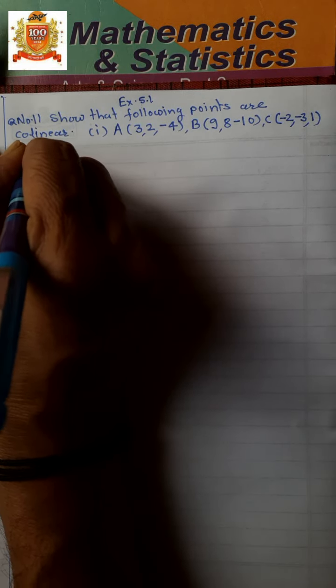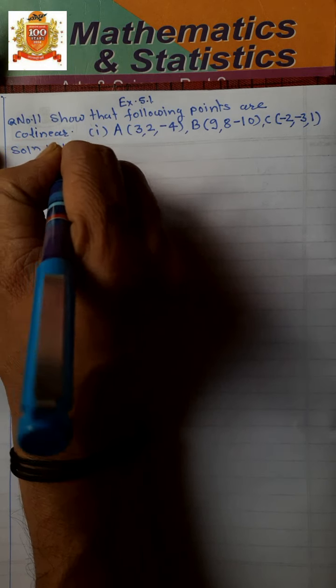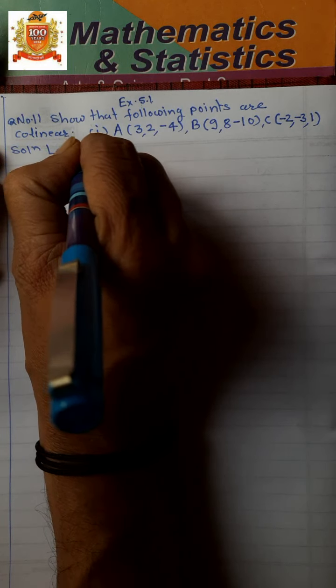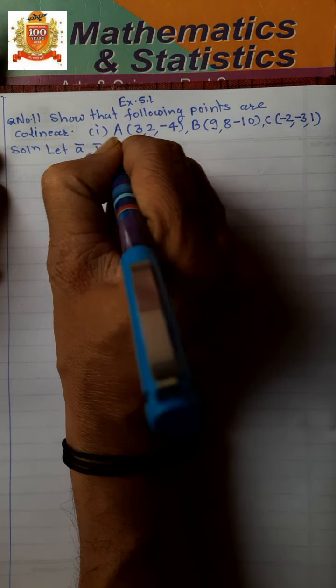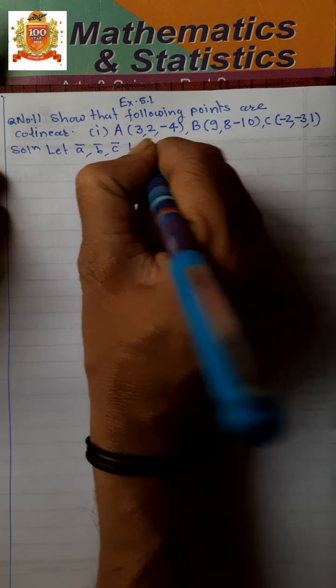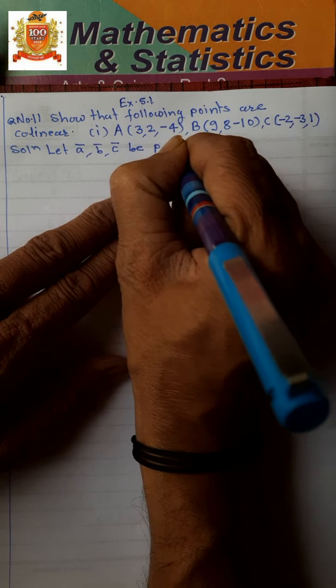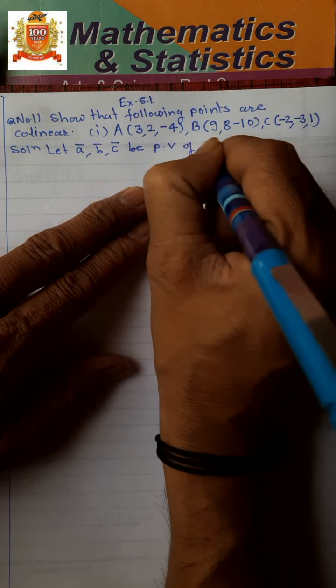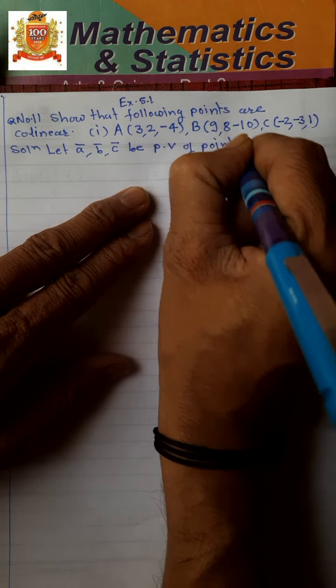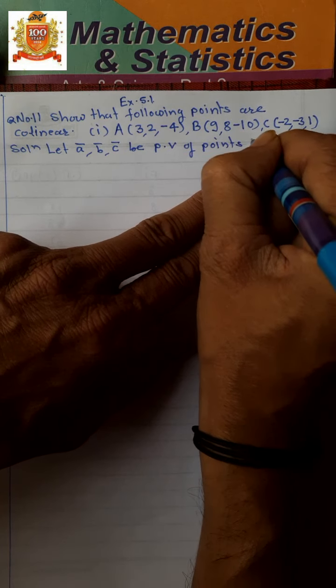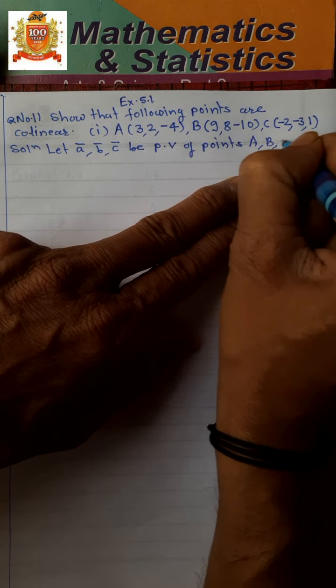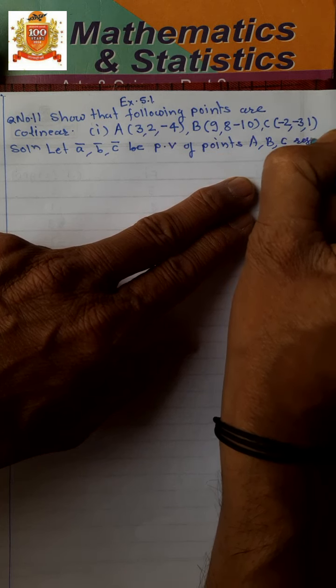Solution. Let A bar, B bar, C bar be position vector of points A, B, C respectively.